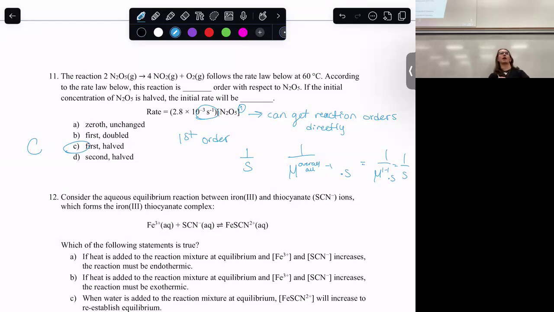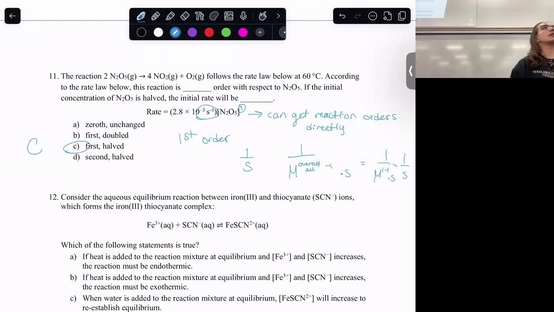If it was second order and we halved the concentration, how much would our rate go down by? 1/4. Yep. If this was 0 order and we halved our initial concentration, what would happen?